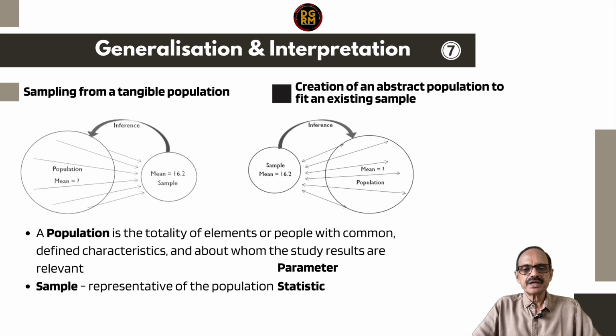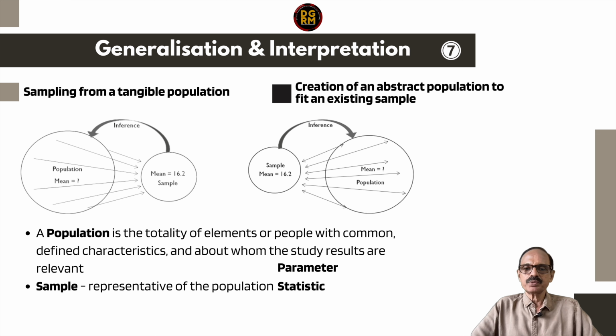You are applying that result to that population, so you are generalizing it to that population. Actually, you have taken the sample from the population itself. So that is what the left side image shows.